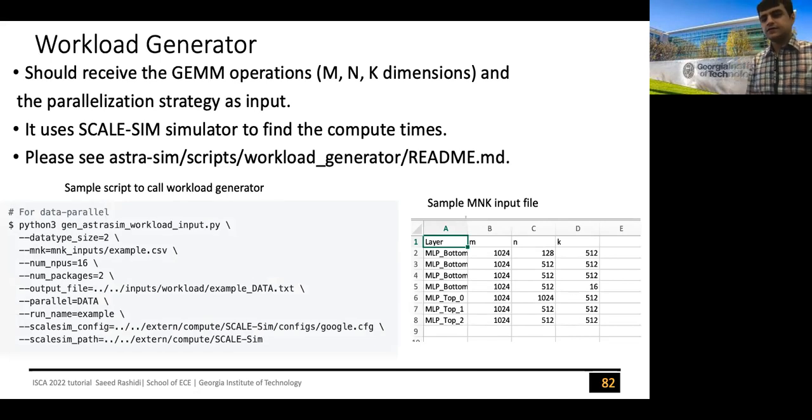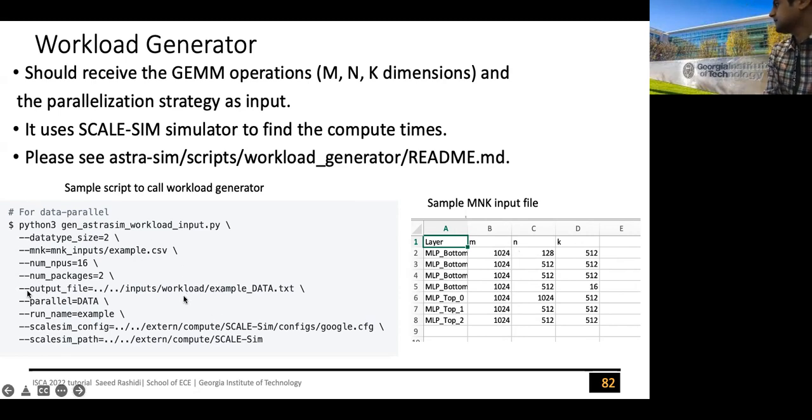It is inside the ASTRA-sim scripts workload generator, where you can see a relatively detailed README on how to actually use it. Basically, you define the operations in terms of GEMM operations and MNK sizes, which correspond to the matrix sizes of inputs and weights. And then you also define the type of parallelization that you want for these GEMM operations.